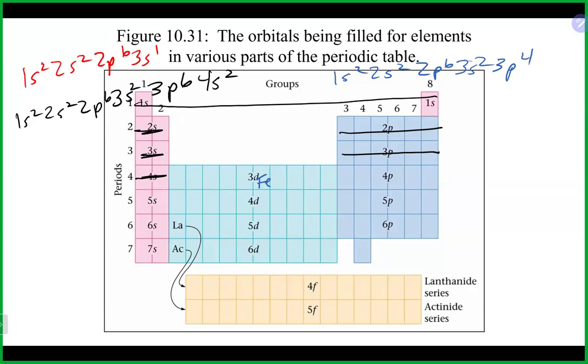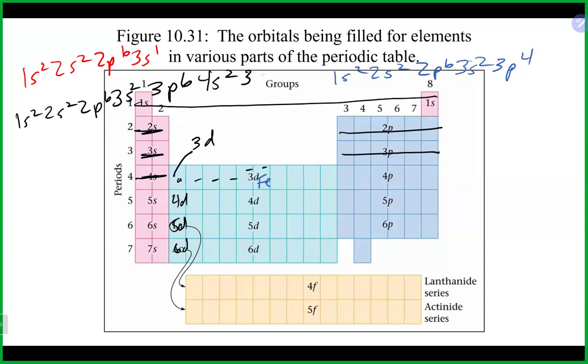What comes after 4s2? That's the d, right? The d starts on what energy level? 3. This right here is not 4d. This is actually 3d. It is 1 behind the period number. That would be 4d, 5d, 6d going downwards. So this should be 3d, 1, 2, 3, 4, 5, 6.